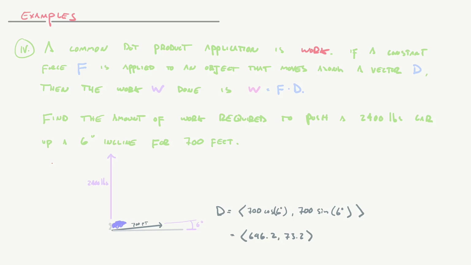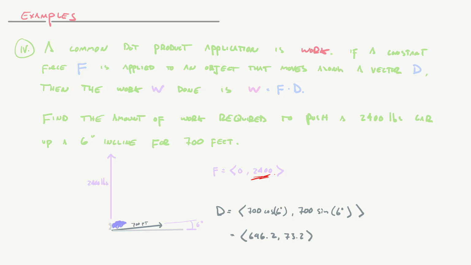We're trying to overcome the force of gravity. So the force vector then is 0, positive 2,400, right? I think it's very easy to say, well, wouldn't it be 0, negative 2,400 since, you know, gravity and everything? But no, we're trying to overcome it. So we have to make the force vector be a positive 2,400 for its vertical component.